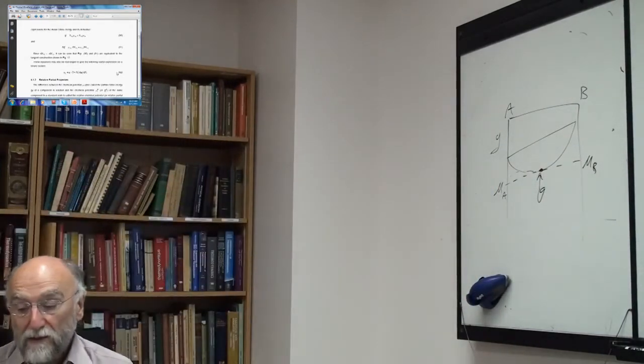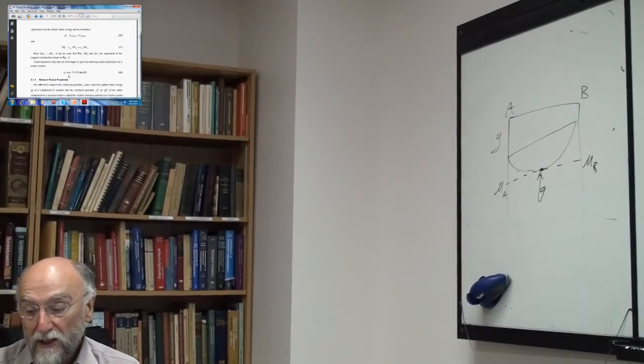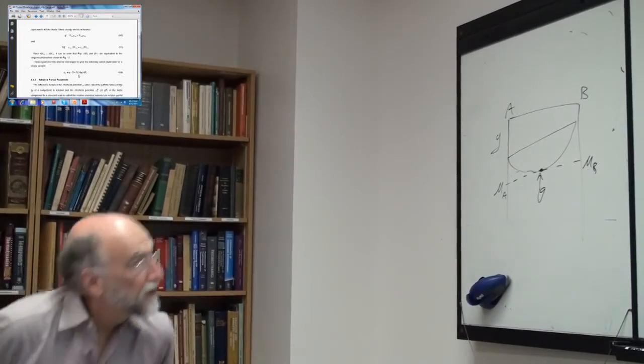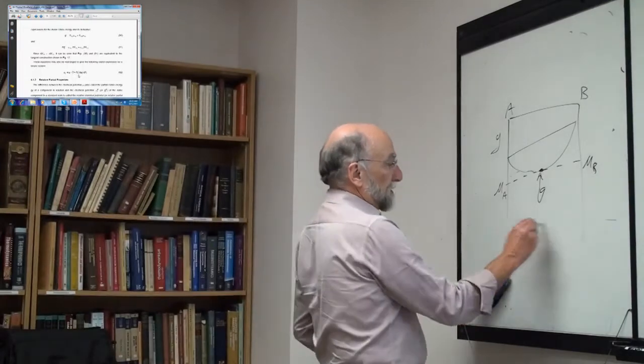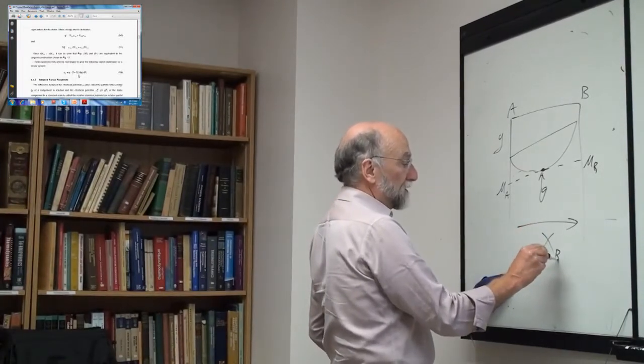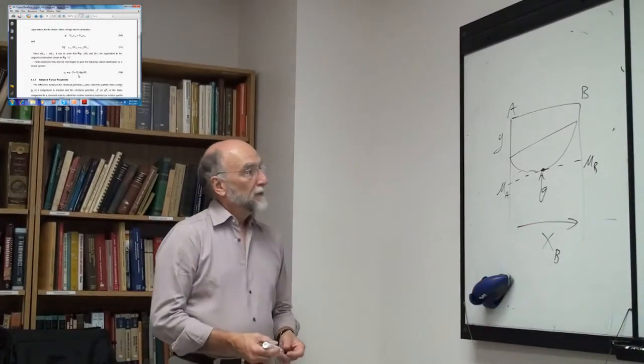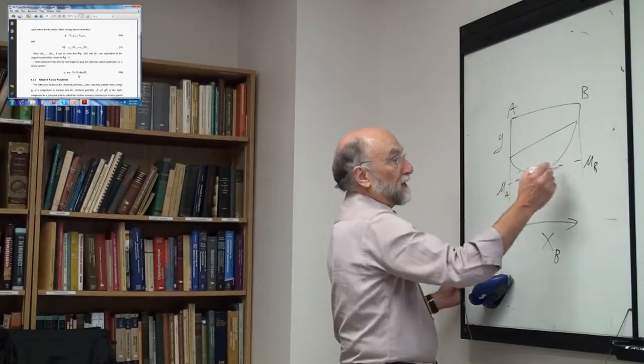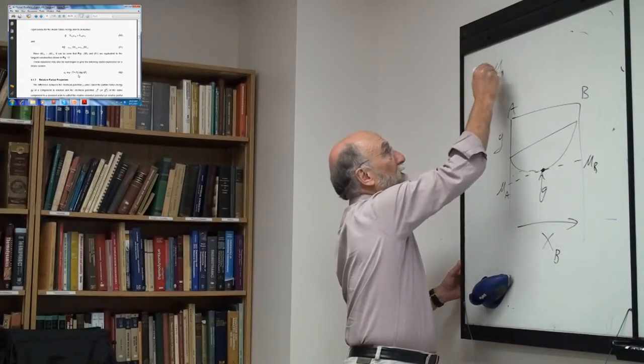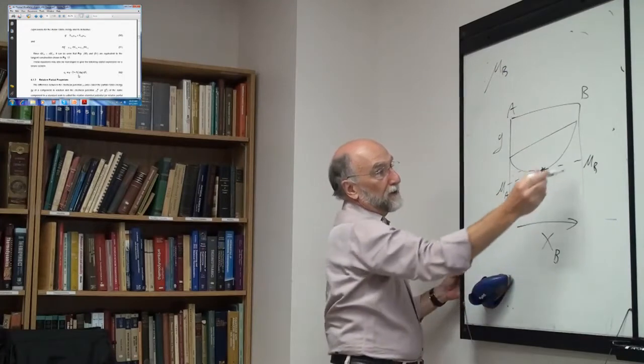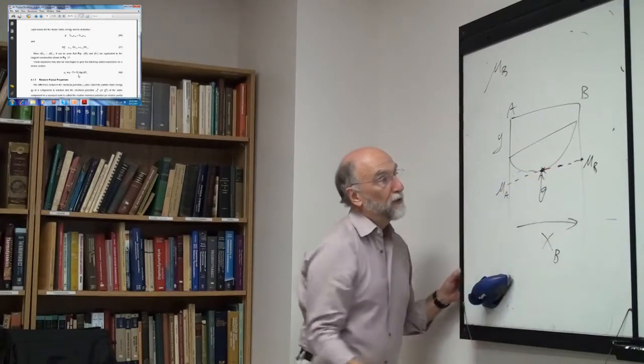And we can show that chemical potential of I is G plus 1 minus Xi dG dXi. Okay, so this is Xi here, XB. Okay. And so what we're saying is that at this point here, the chemical potential of B at this point, in other words, if you draw the tangent, it would be this point.